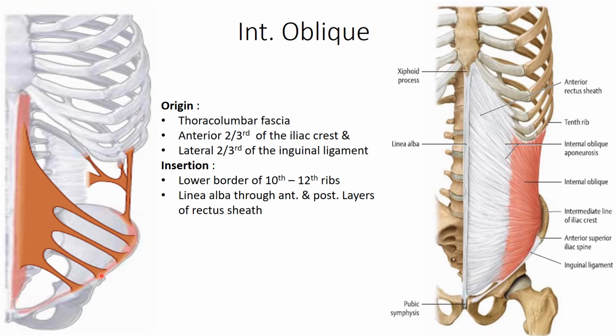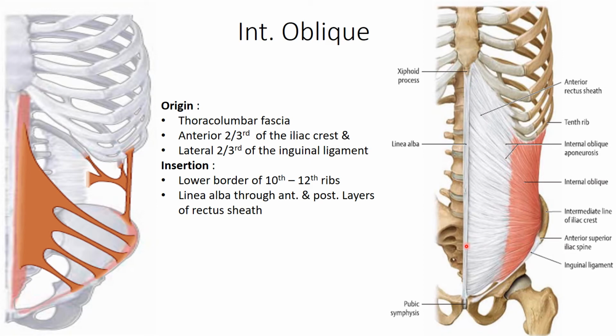Now in continuity, the fibers from this iliac crest diverge widely and they form this anterior aponeurosis, and these fibers are attached upward to the costal margin, 7 to 9 ribs and their cartilages, and below the costal margin they are split around the rectus abdominis to form the anterior and posterior layers of the rectus sheath and to be attached to the linea alba in the midline.